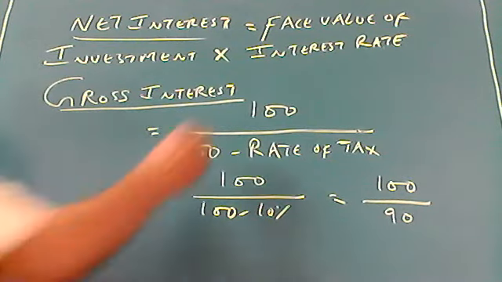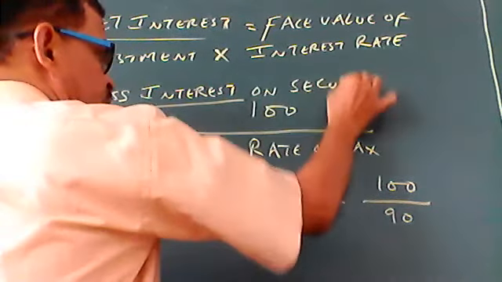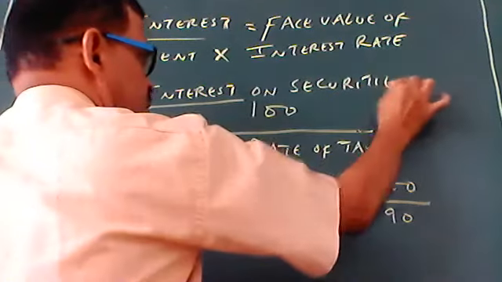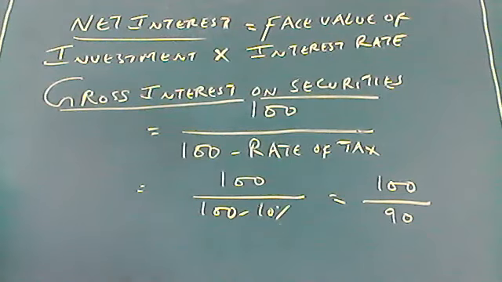This is gross interest on securities. Now we need only gross values, not the net values.